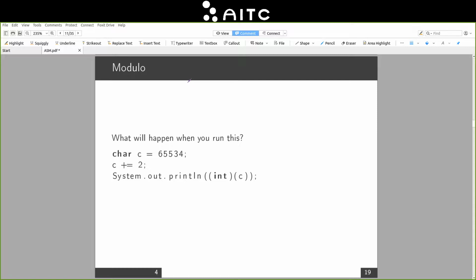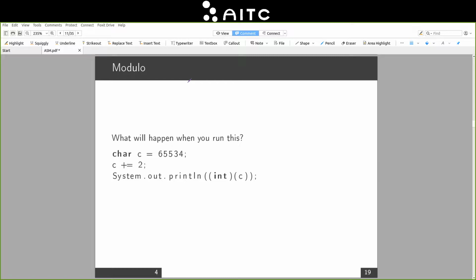Character means 字符, and the maximum of a character variable is 65535, but the character now has 65534, and we add 2 to it.